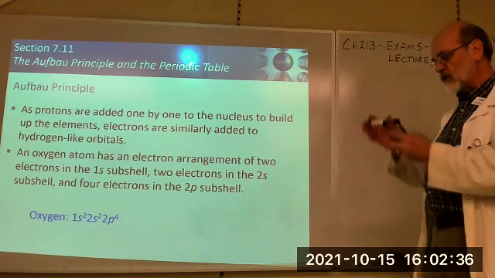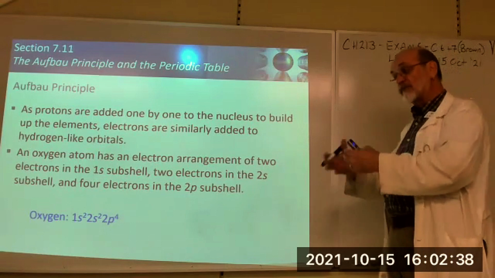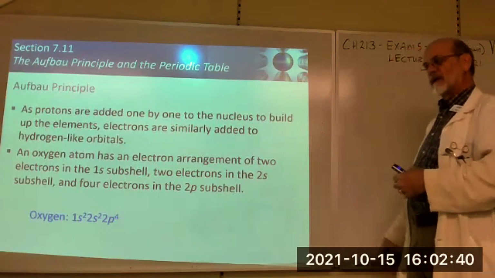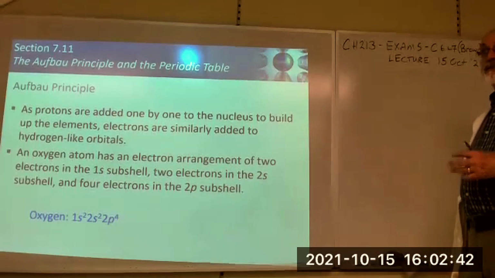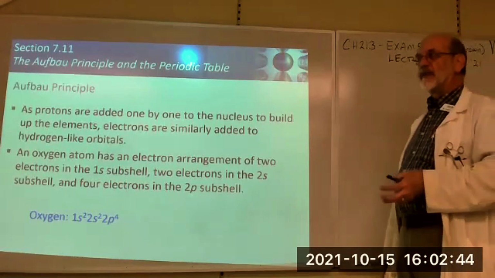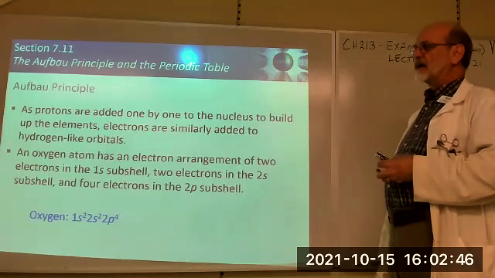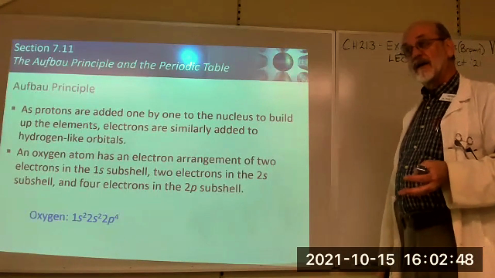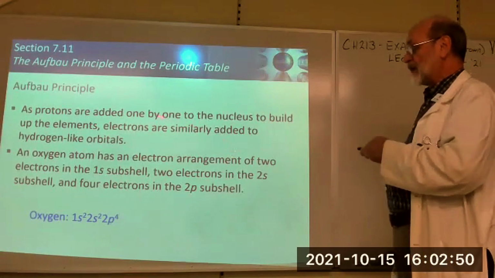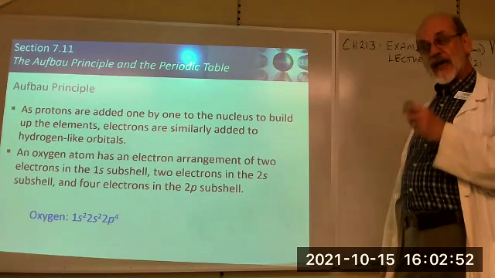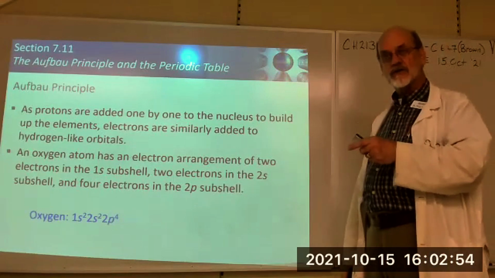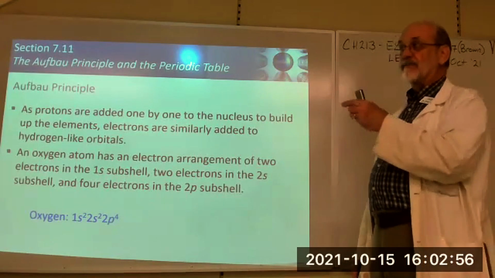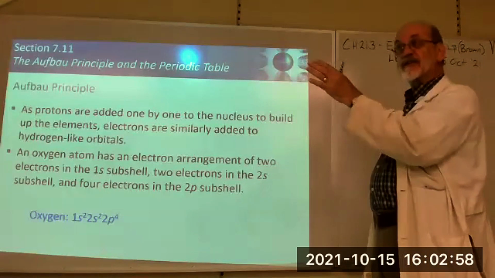And the electrons will go into what you would expect to be the next orbital. Except sometimes there are exceptions. And those exceptions can be explained logically, but mathematically, they obey this principle. Those electrons have to go into the next lowest energy orbital. And it may not fit what we expect to see.